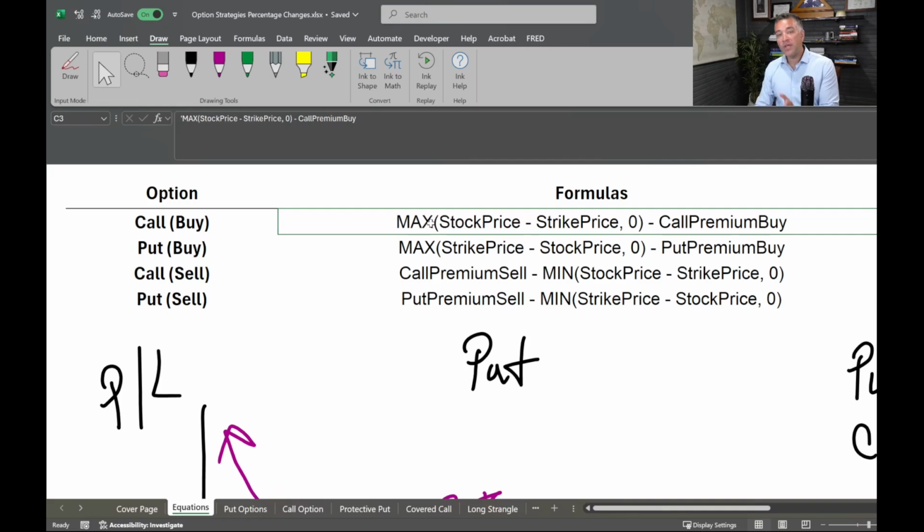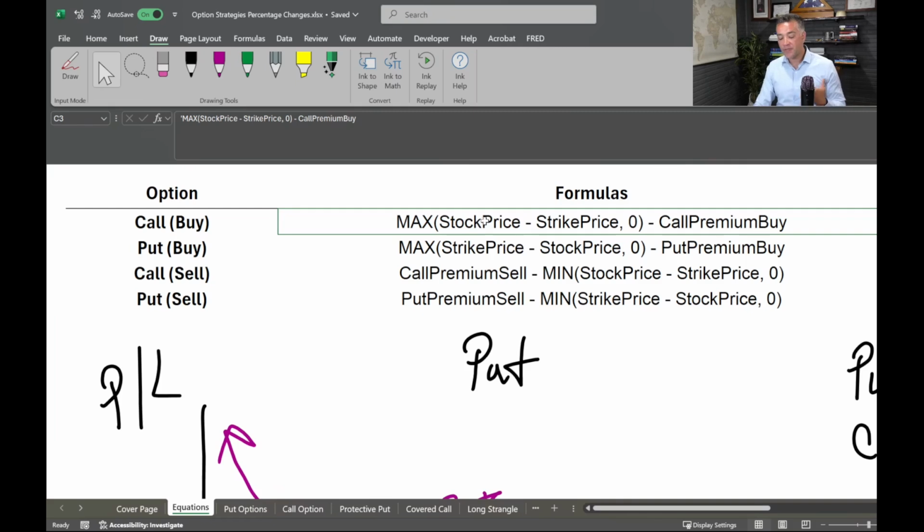And the reason why we did a max function is because if the stock price was at $50 and the strike price at 110, I wouldn't exercise the contract, because it'd be 50 minus the 110. The stock price is at 50, strike price at 110. That would be a negative. So what we're doing here is I want the max, whatever is greater. The stock price minus the strike price, and I'm only going to exercise if that's a positive amount, and then I'm going to hit a comma and say 0.